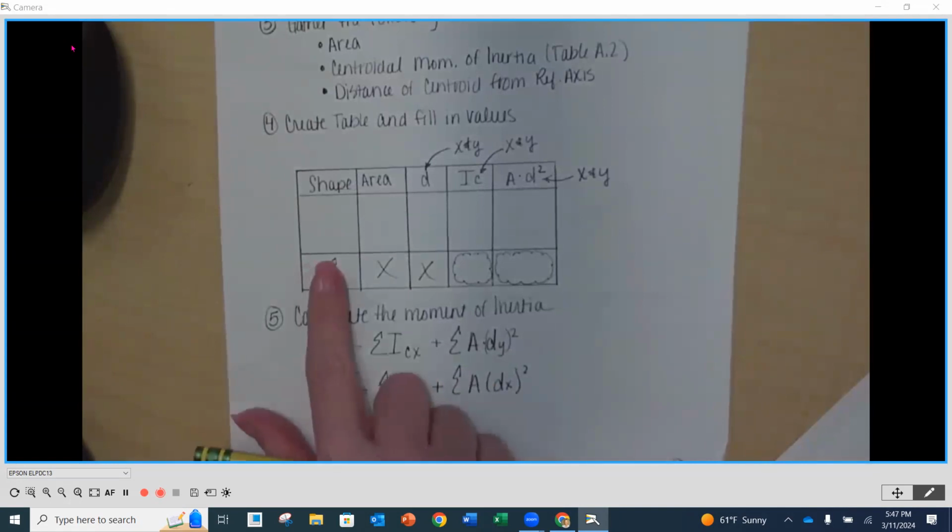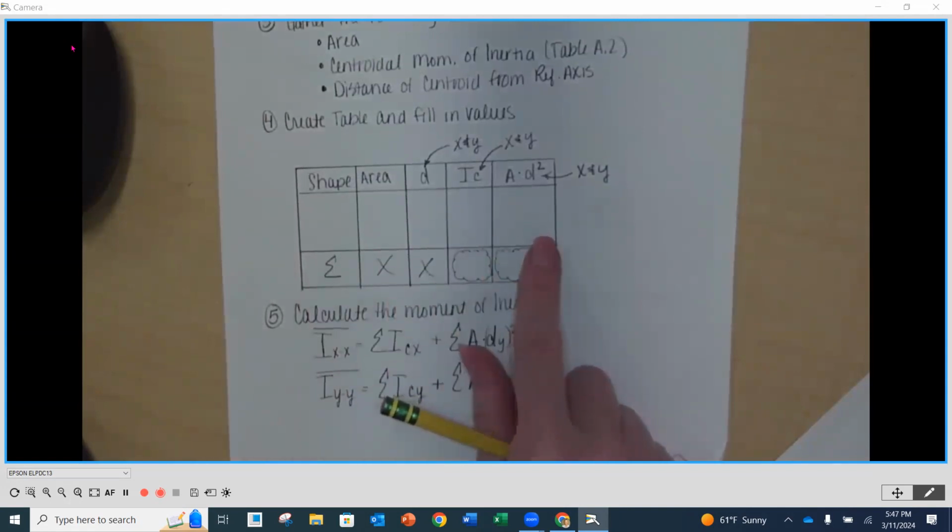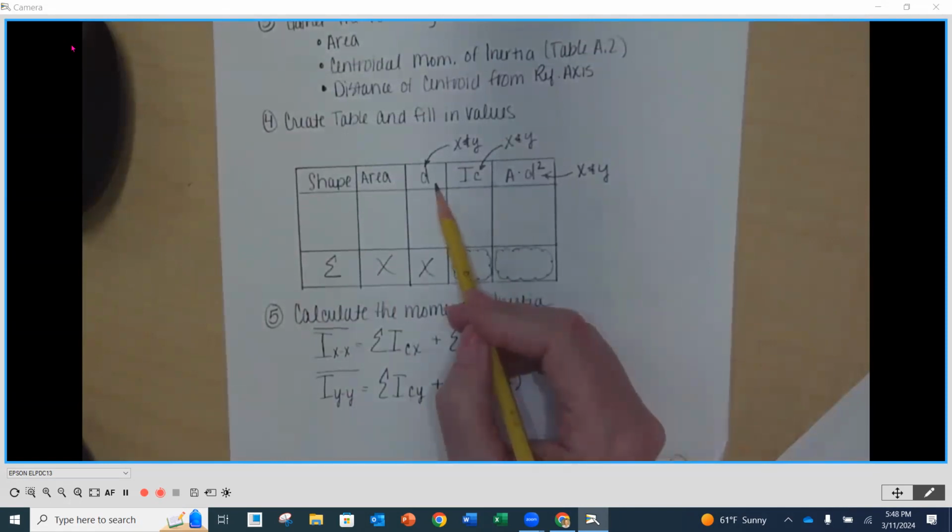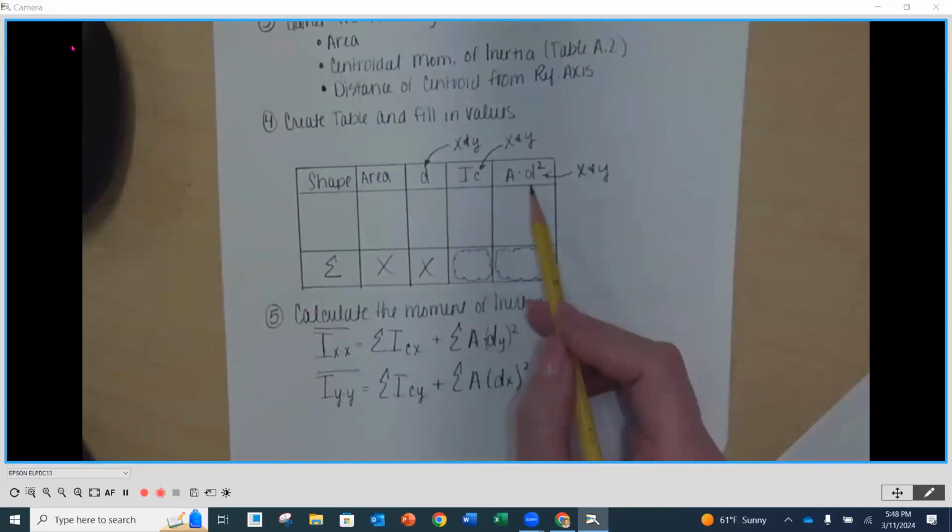Now you're going to notice that in our table here, when we want to find our values for our moments of inertia, we're going to need distance d's, whether it's x and y's or just x's or just y's. Then we're going to need a column for the area times whatever corresponding dx or dy.